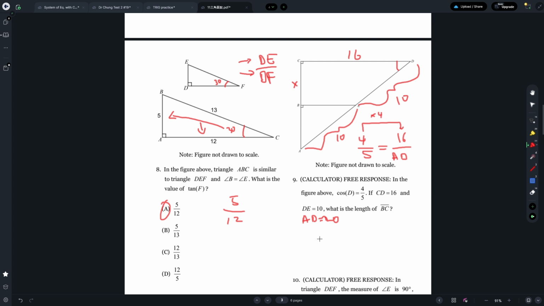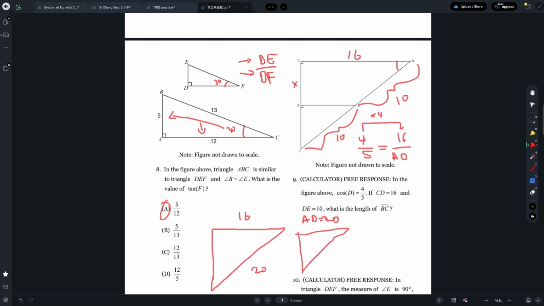Now we could actually do similar triangles. So let's draw two triangles. I'll draw the bigger one here: 20, 16, and an unknown third side length.